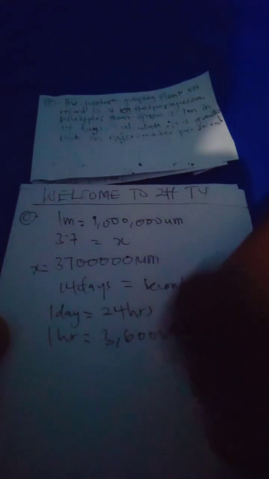So we are going to change the 14 days also to what? Seconds. We know that one day is 24 hours, right? And 1 hour is equal to 3,600 seconds. So meaning that if 1 hour equals 3,600 seconds, then in a day we have 24 hours.